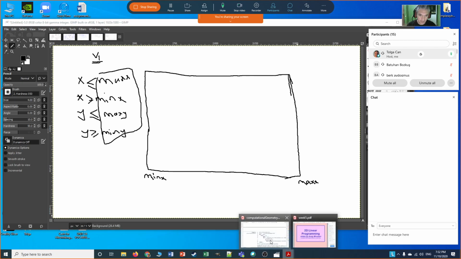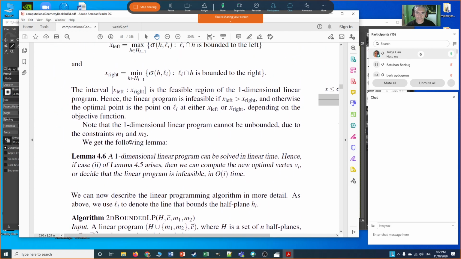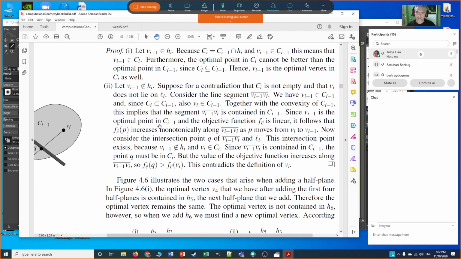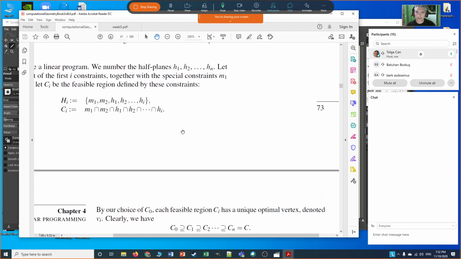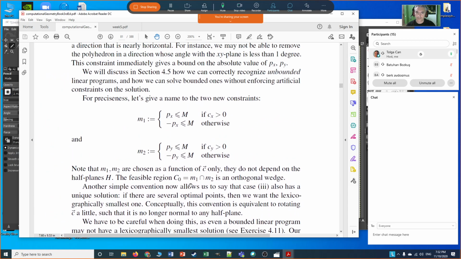So let's see in the book what it says about these lines. Here they are. These are the two new constraints, the big M. In section 4.5, it also talks about how we can solve unbounded cases as well.